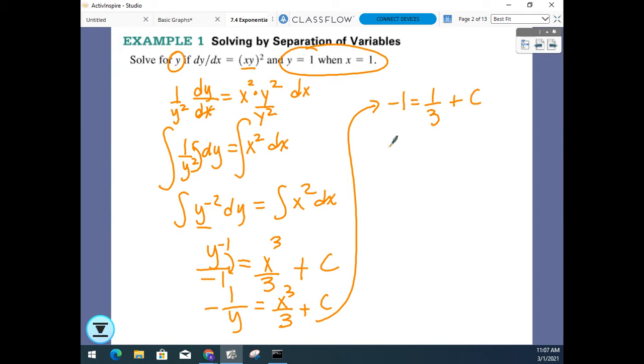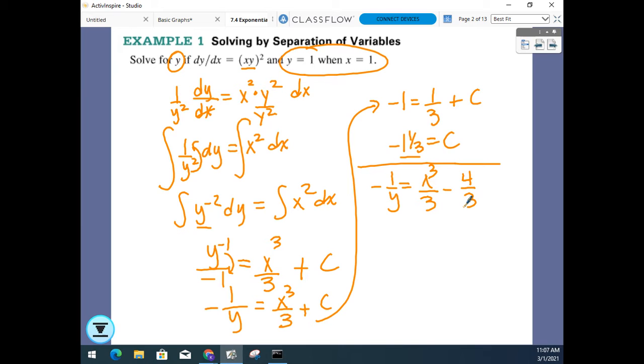So I'm going to subtract and get negative 1 1/3 for my c. Now, when I plug that back in, I'm going to write this mixed number as an improper fraction. It's going to make life a little easier.